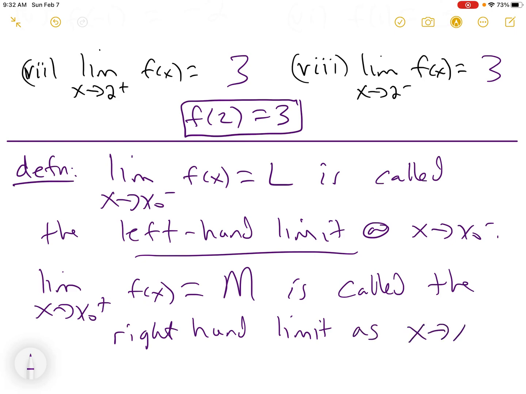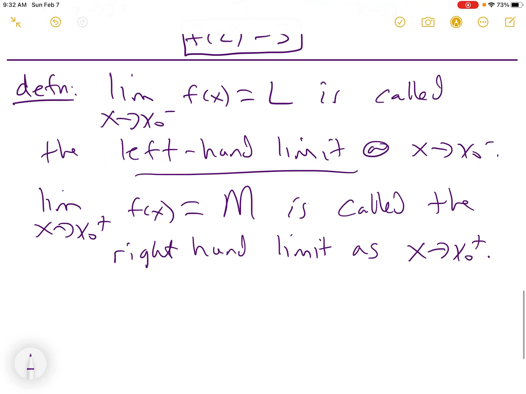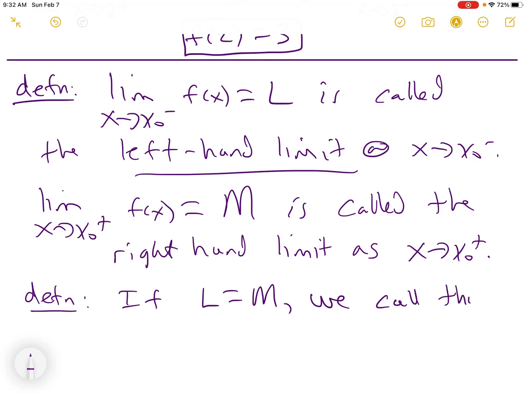As x approaches x naught from the right. Okay. And now for another definition. If L equals M, in other words, if the left-hand limit equals the right-hand limit, we call this the two-sided limit, or just the limit.